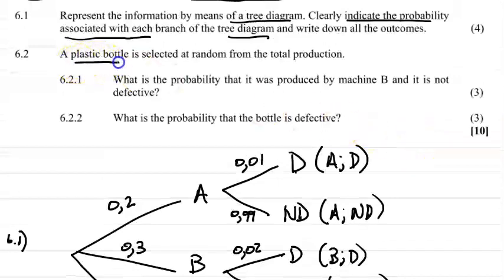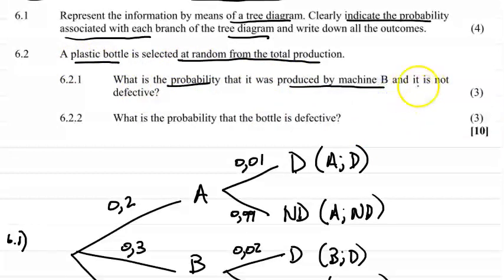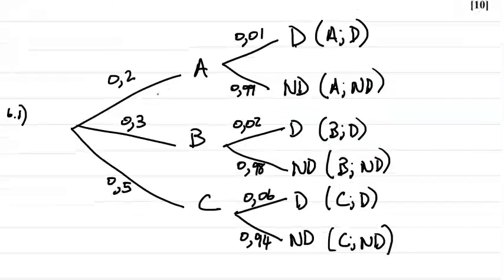It says a plastic bottle is selected at random from the total production. What is the probability that it was produced by machine B and it is not defective? If it's produced by machine B and not defective, it would be this option here. Remember that there's only one machine B and only one option is not defective.